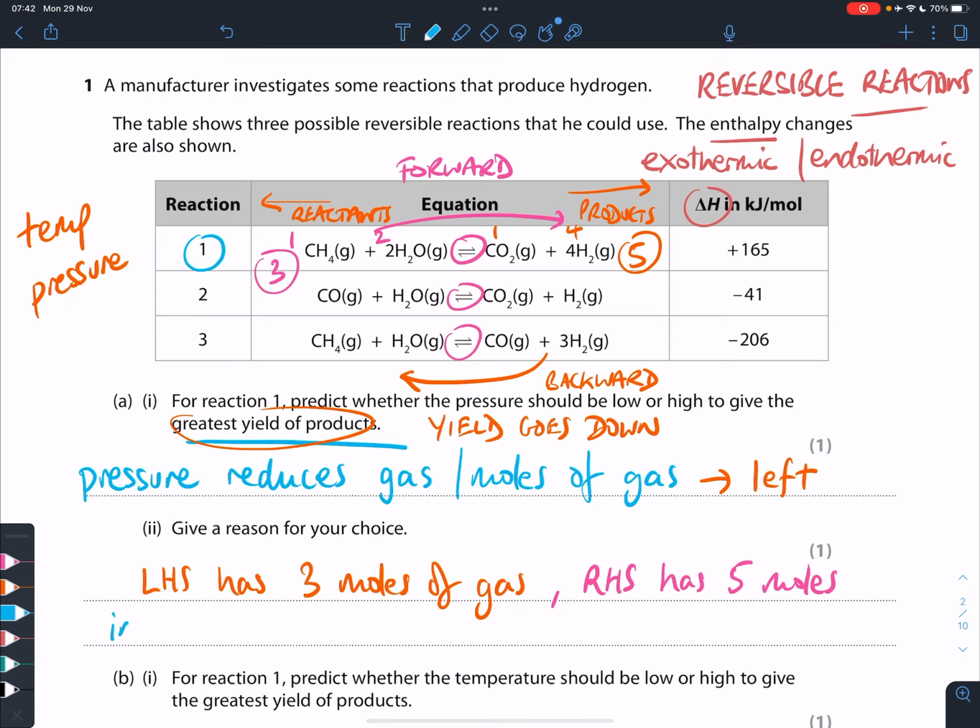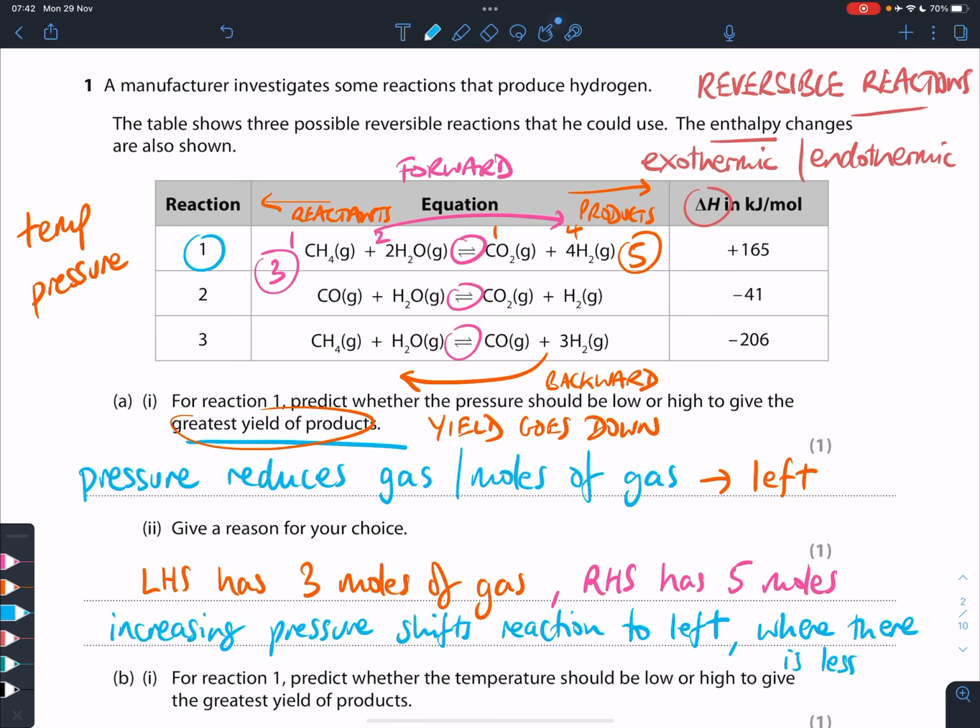So increasing pressure shifts the reaction to the left, where there are fewer moles. There is less gas, basically.